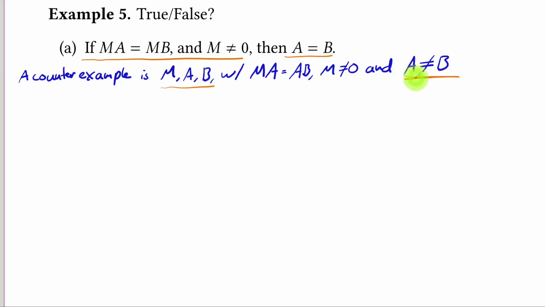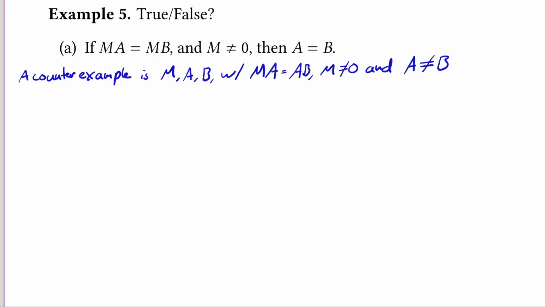So A is not equal to B. A reason why it's good to try to think of a counterexample is, if it turns out the statement is false and you can think of a counterexample, then you're done. You've proved that it is false. If it turns out the statement is true, you will probably fail to come up with a counterexample. And if you try and fail, then you're learning something about why a counterexample doesn't exist.